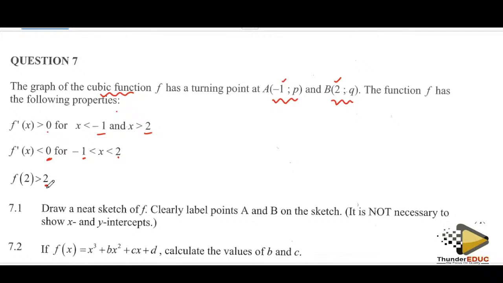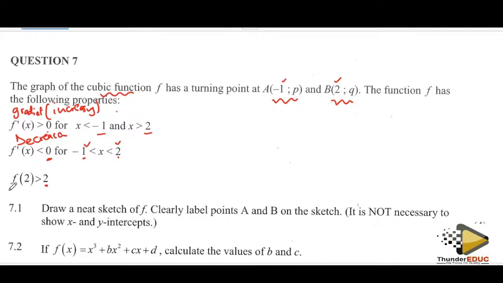Let's interpret these lines. First derivative, remember, we say the gradient. So the gradient is greater than 0. In other words, it's increasing, where x is less than -1 and where x is greater than 2. Then the gradient is negative within the interval of -1 and 2.